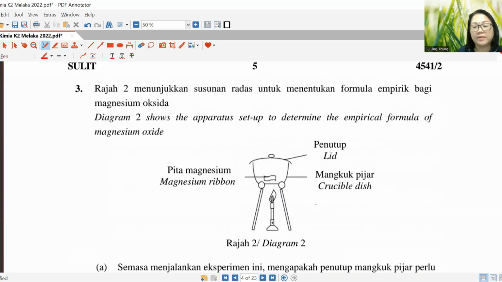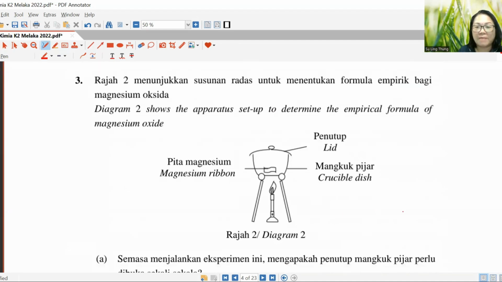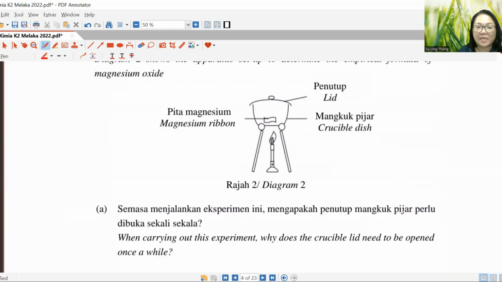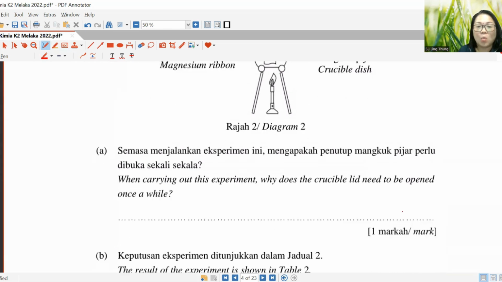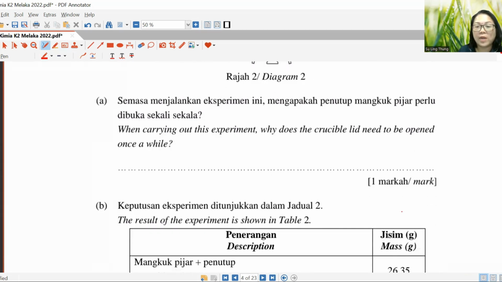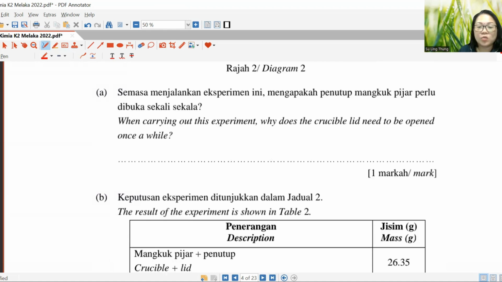Empirical formula. I bet most of the students love this type of question because it should be a bonus question for you. Diagram 2 shows the apparatus set up to determine the empirical formula of magnesium oxide. A. While carrying out this experiment, why does the crucible lid need to be opened once in a while?